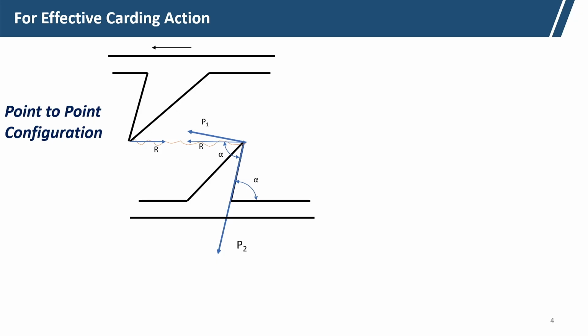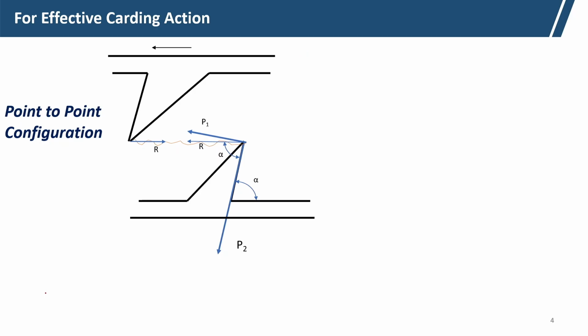Now, for effective carding, we will be doing different derivations. This is the point to point configuration, and here this is one surface, suppose it is a cylinder surface, and this may be a cylinder or any other surface.